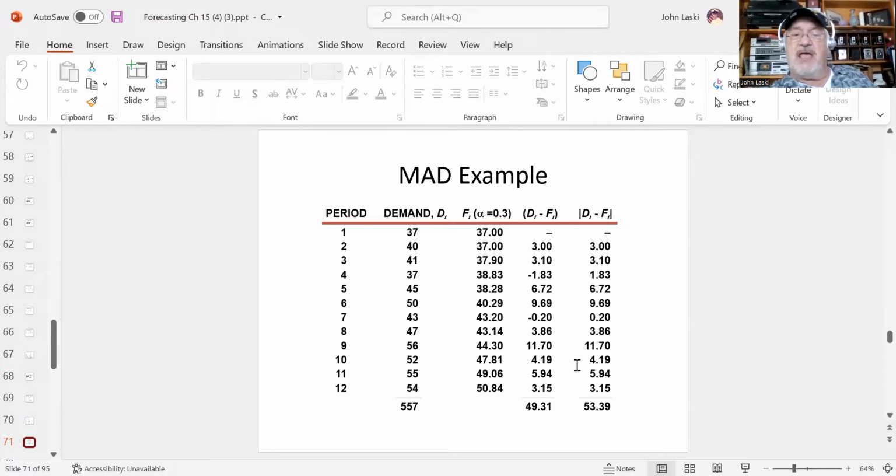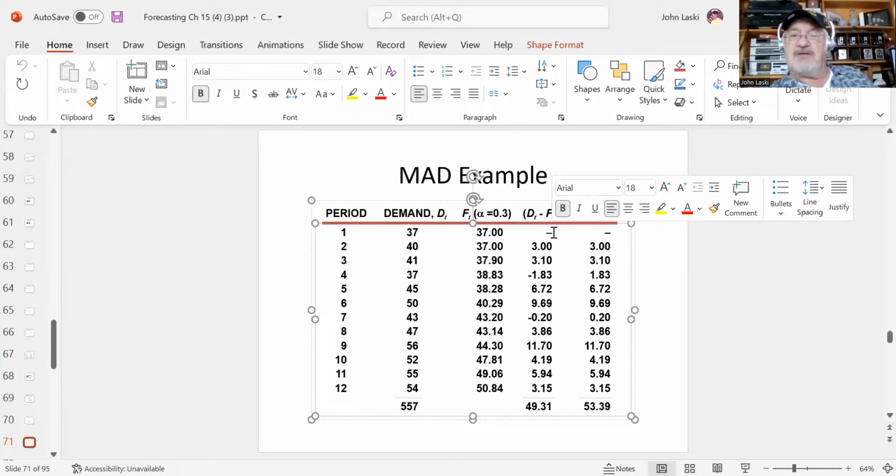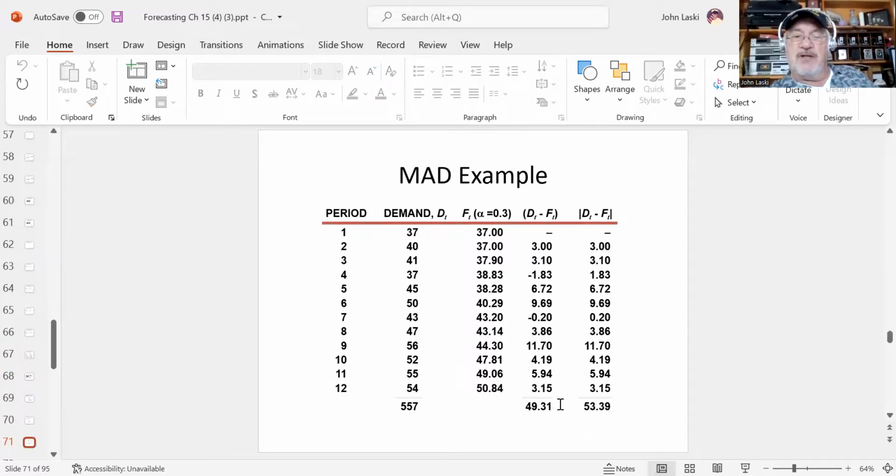Now we can take a cumulative number because that's what we're tasked to do. When we sum these, we end up with 49.31. Well, is that actually a legitimate amount? The problem is we are going to understate our cumulative error. Why? Because simply adding these numbers, we're adding the negatives, which is why the formula calls for the absolute value, because we eliminate the polarity.